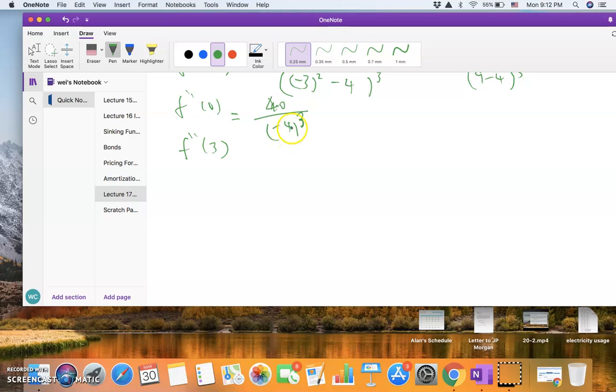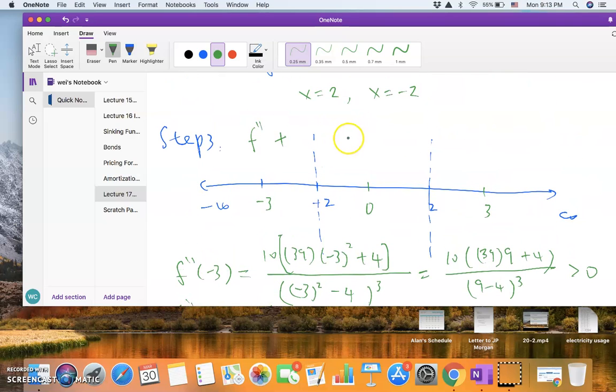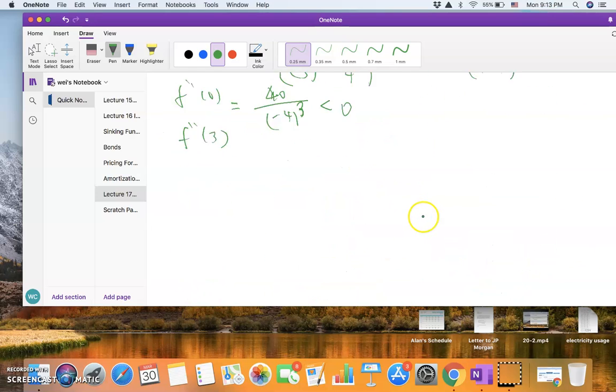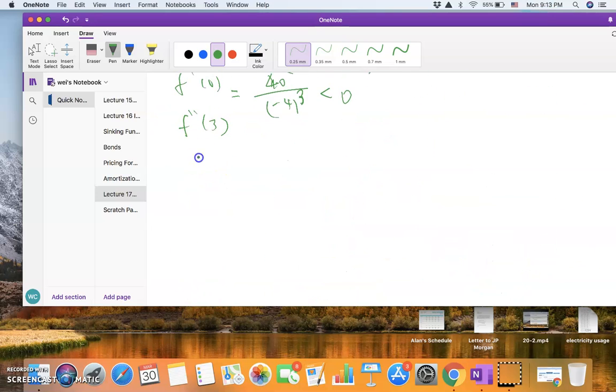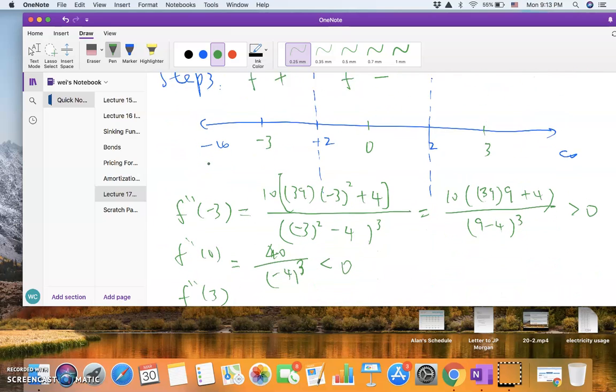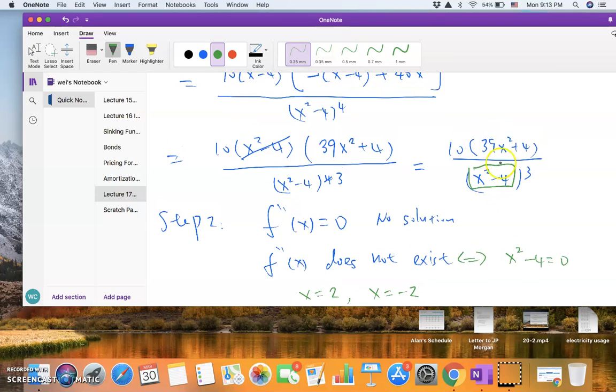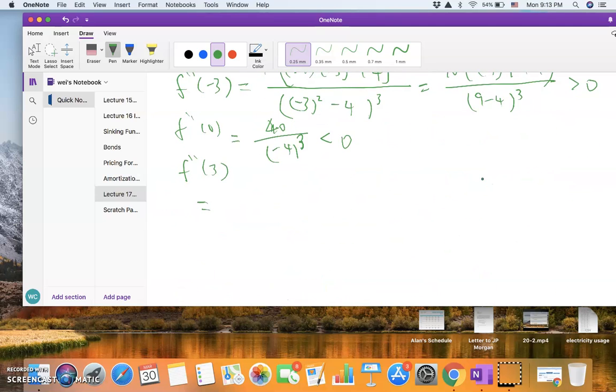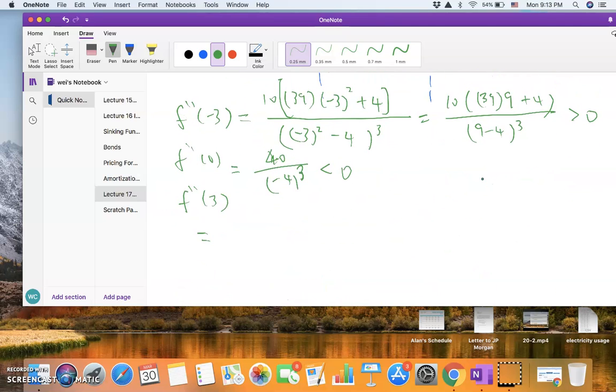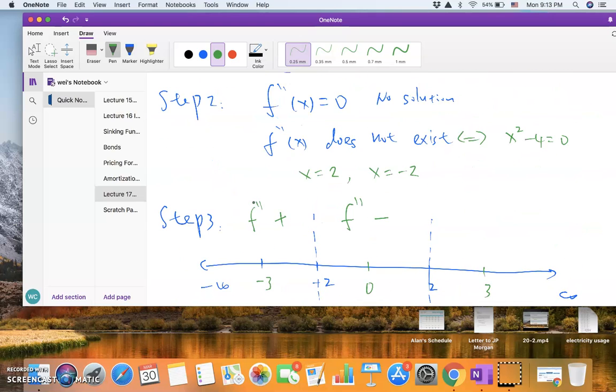And the denominator is negative, so the result is negative. So the second derivative is negative on this interval. And when x equals 3, the result is the same as when x equals negative 3. Why? Because 3 squared and negative 3 squared, they are both the same. So when x is 3, the second derivative is also positive.